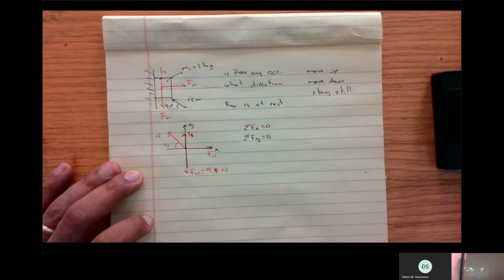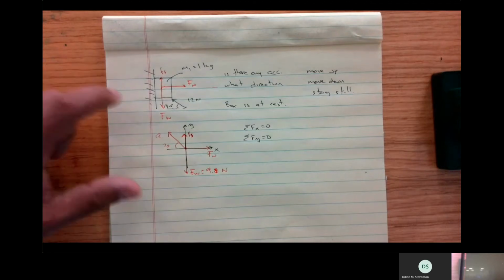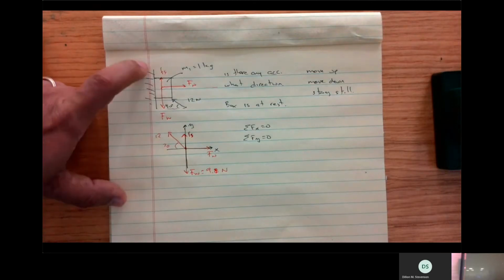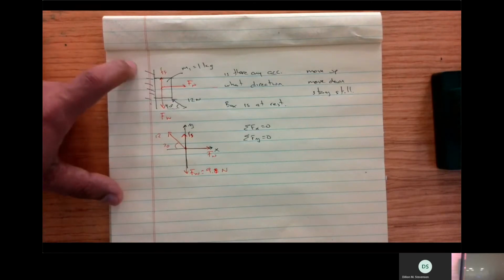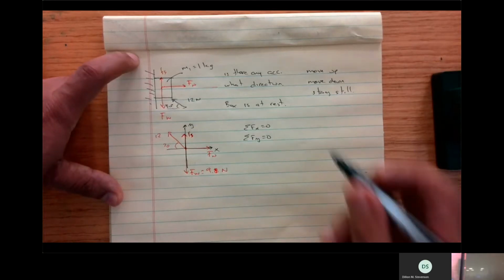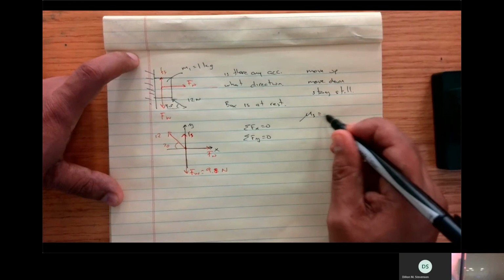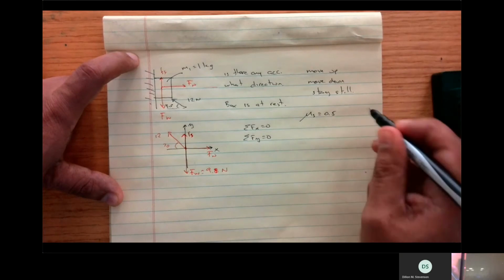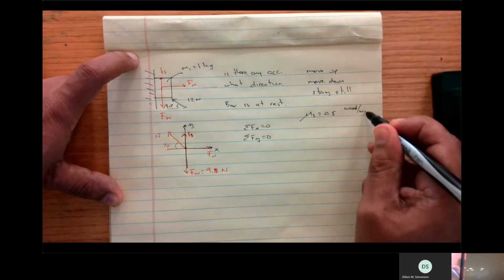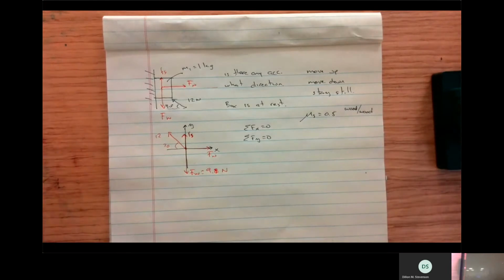Oh, I forgot. Another piece of information that I have is that the wall is made out of wood, and the box is also made out of wood. So we have wood on wood. The static coefficient in this case is 1.5. This comes from a table in your textbook.